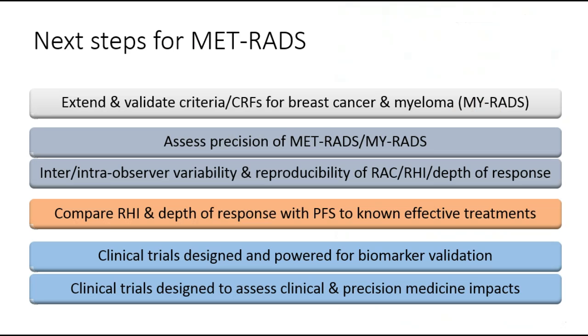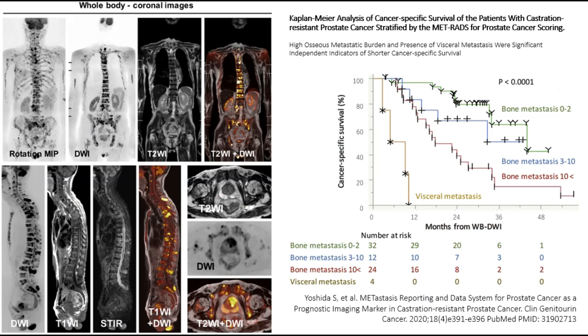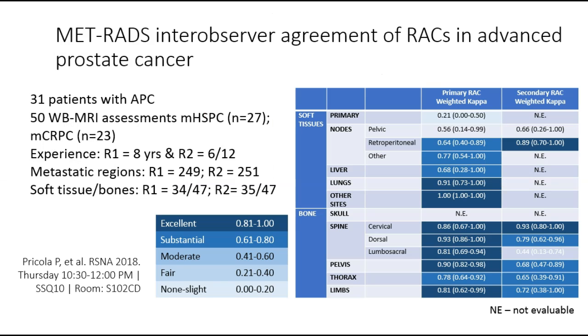So what are the next steps for MET-RADS? There are a number of validation steps that still need to occur with MET-RADS, and these are beginning to be seen. Here, for example, is some data that was recently published looking at the volume of disease and how it predicts cancer-specific survival using the MET-RADS standard.